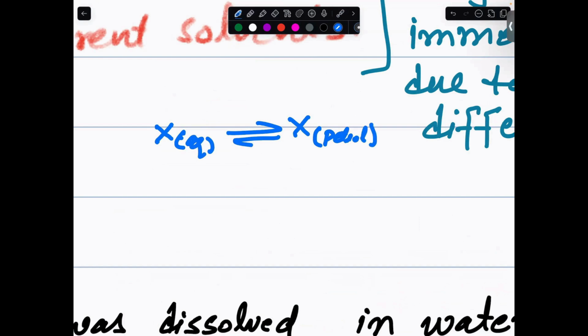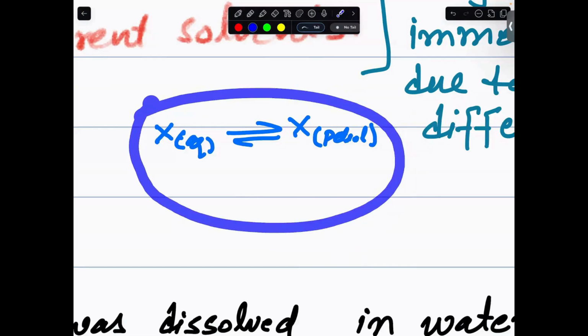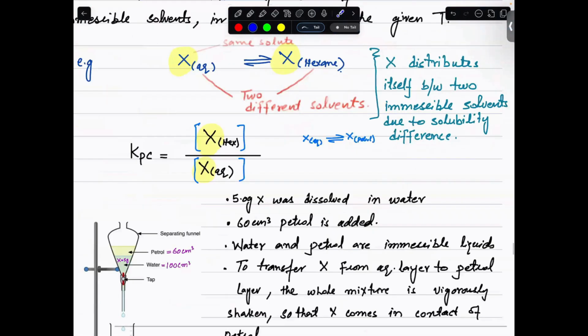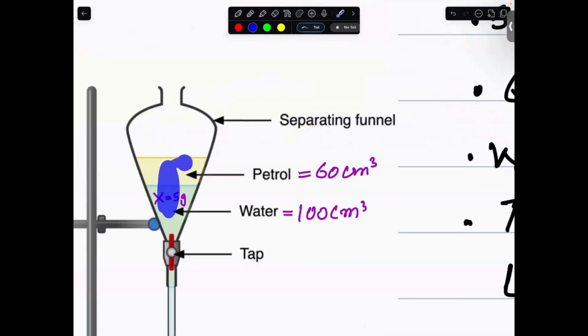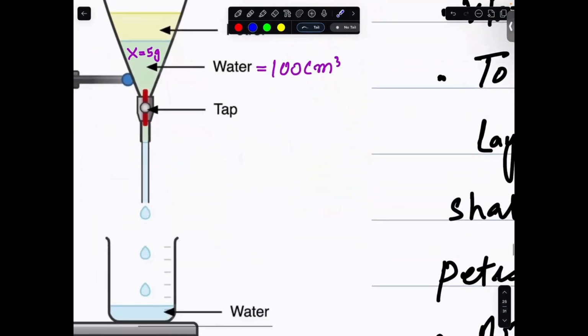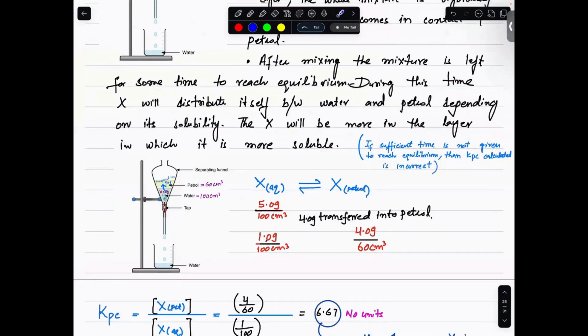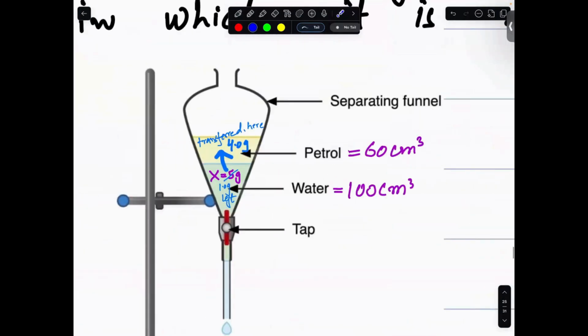After mixing, you keep it for some time so that they reach equilibrium. For example, initially it was 5.